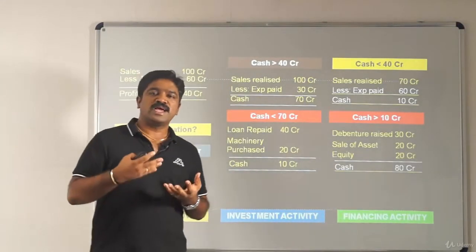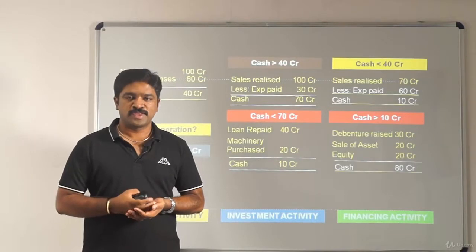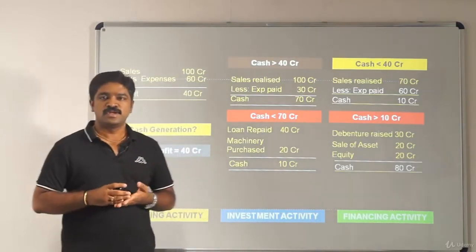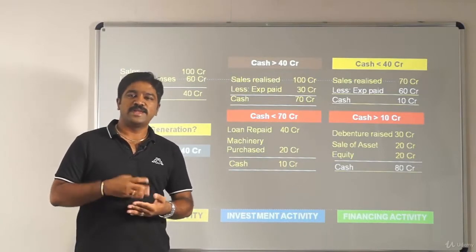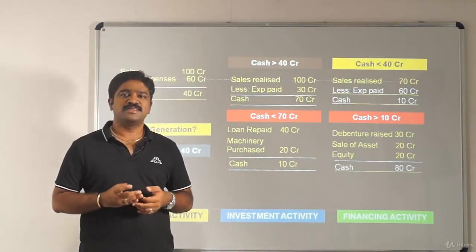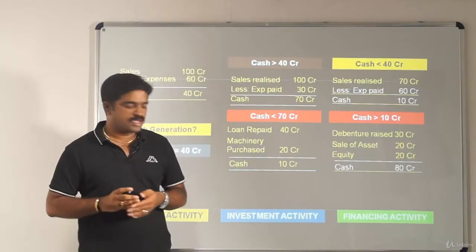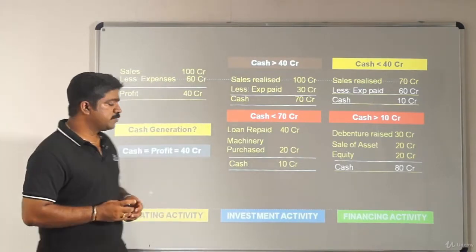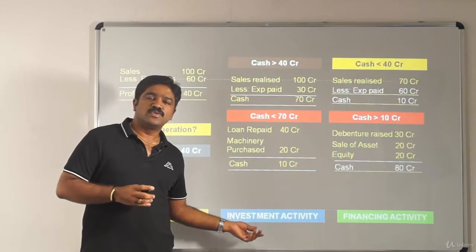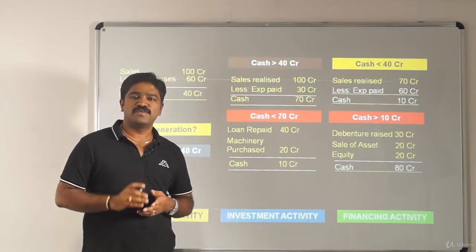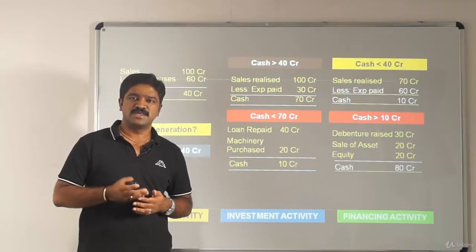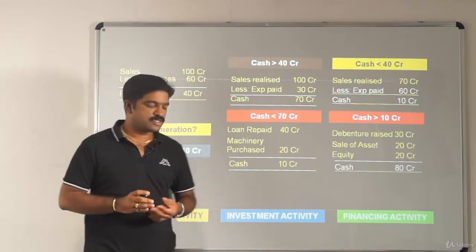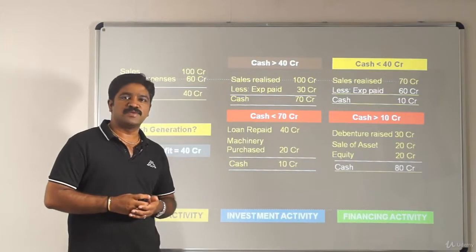Now, what are the cash flows that come under operating activity? Anything that is related to core income generation or operational activity. So it can be income, it can be expense, but anything related to the operations of the business will come under operating activity. Anything that is related to investment nature, say purchase of investments, purchase of fixed assets, sale of investments, sale of fixed assets, or income from investments, all will come under investment activity.